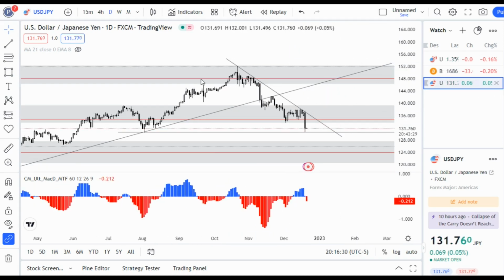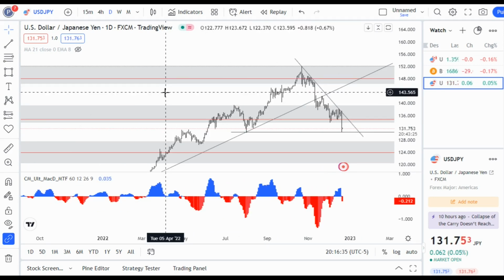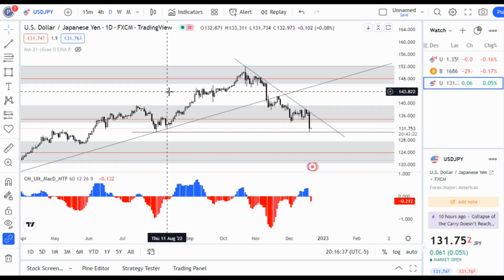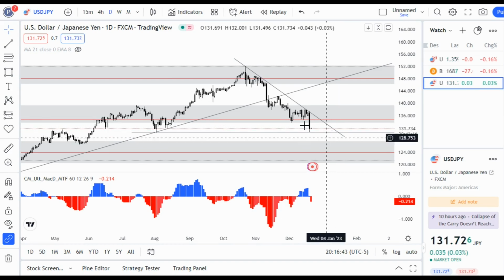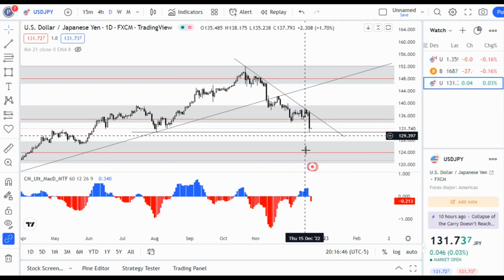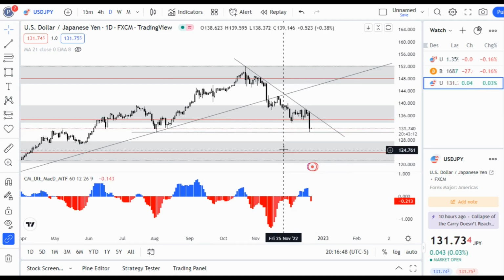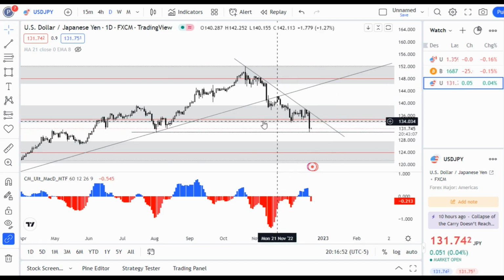Okay, so guys, this is all we can give you, and this is the procedure of drawing a quality trend line. So you can see that whenever this trend line is broken, then we are actually looking at a different direction of the market. So you can see what is happening right now.